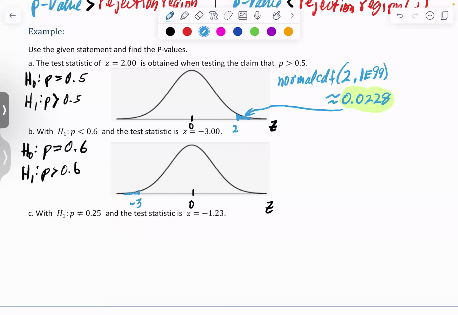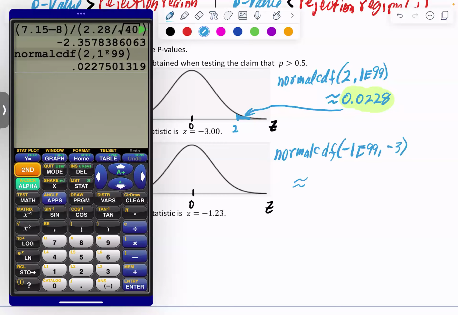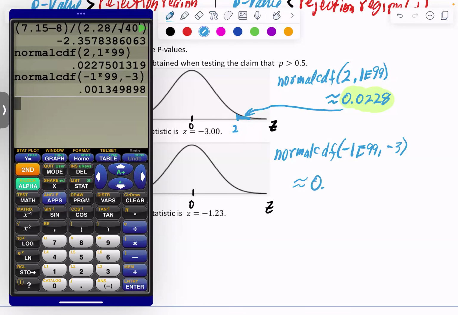And the p-value here is going to go from normal CDF -infinity to -3. Let's see what we get. It's going to be a really tiny number. That's pretty darn close to 0. There's our p-value.